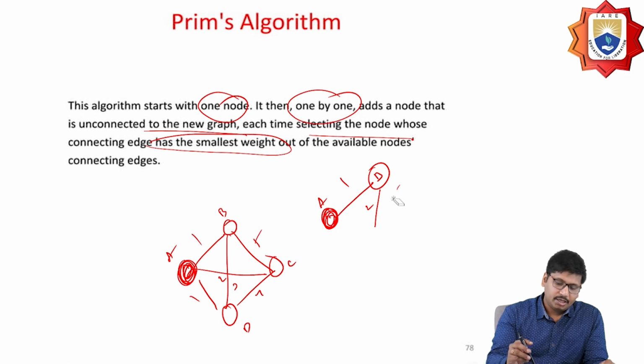I'm going to take the minimum. So B to D I'm going, and from D I'm going to have two options here. One is 1 and another is 4. If I consider 4 here, I'm going to get a loop. So that's why this edge will not be considered. What is the other option? I'm going to have this.